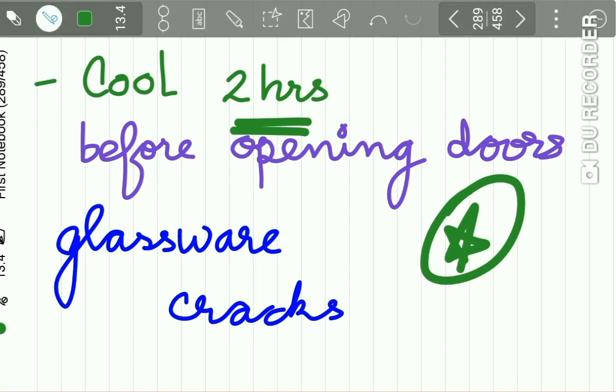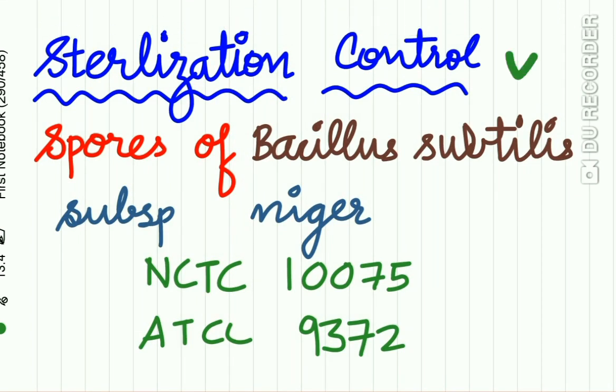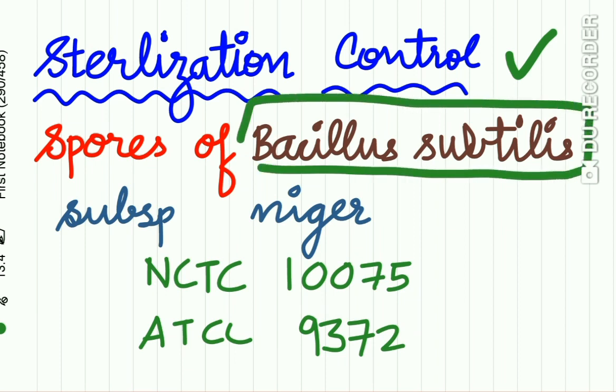Then the sterilization control in the hot air oven is done by the spores of Bacillus subtilis. So this is another important MCQ question. In the hot air oven, the spores of the Bacillus subtilis organism are used.